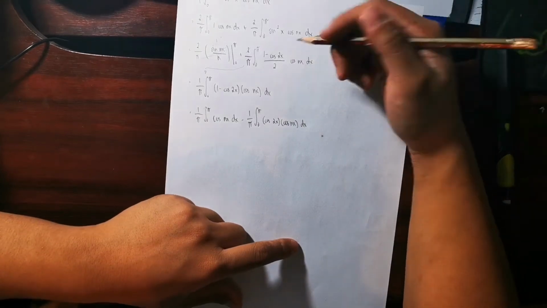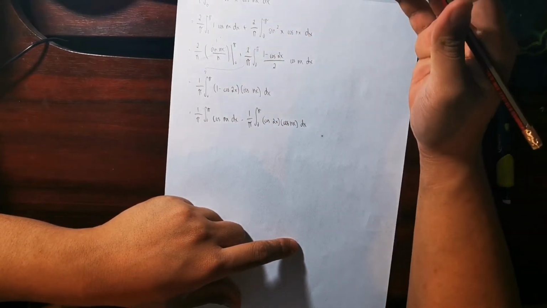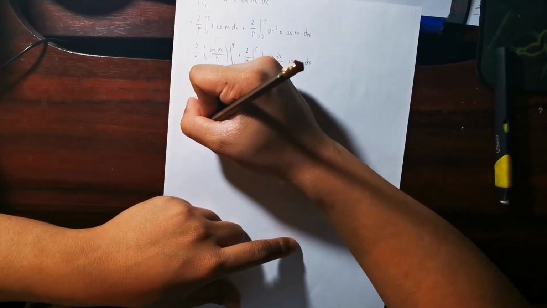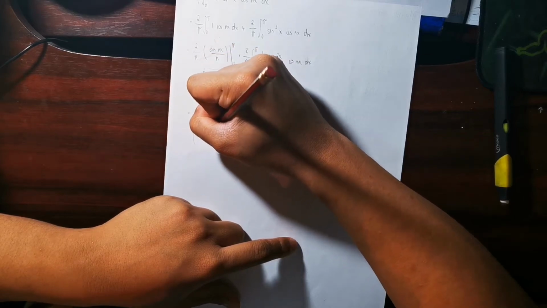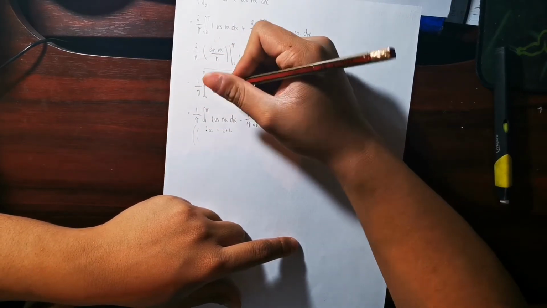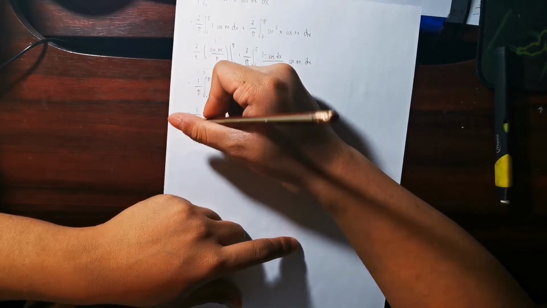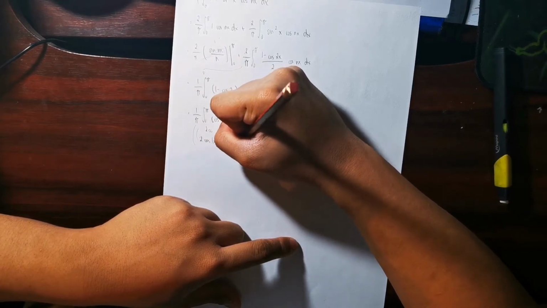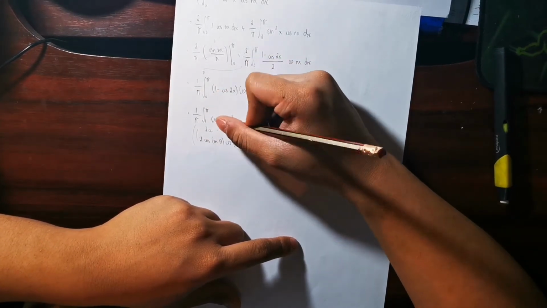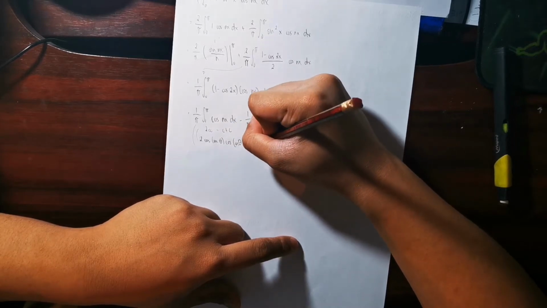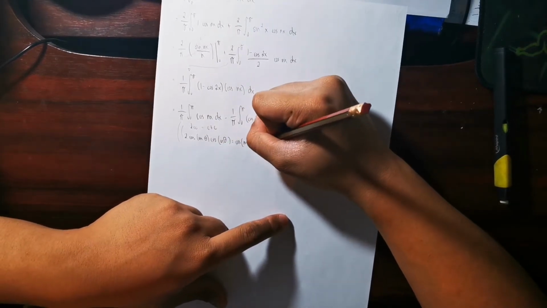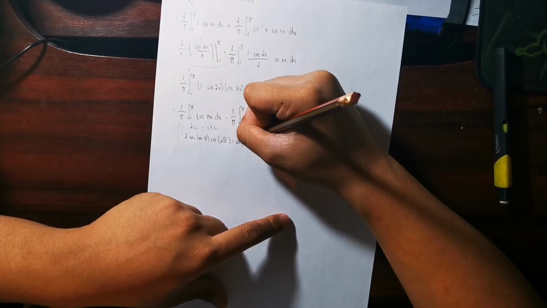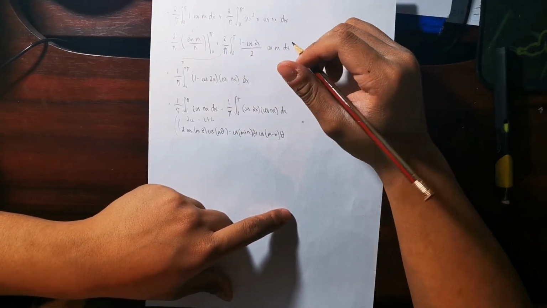So there's another trick for solving these values. We can use the 2cc method. The formula of the 2cc method is this one: 2 cos m theta cos n theta is equal to cos of (m plus n) theta plus cos of (m minus n) theta.